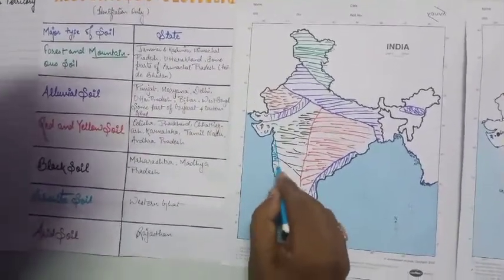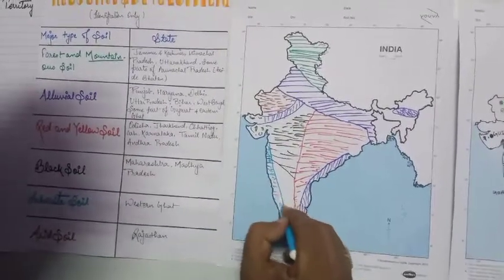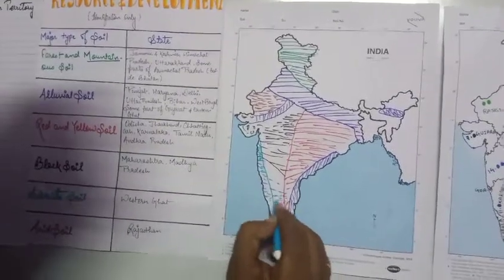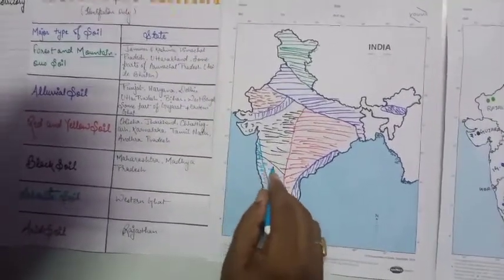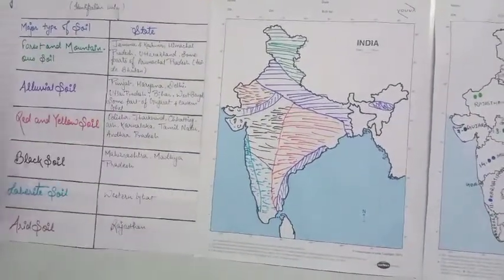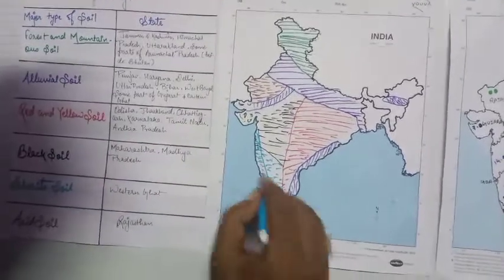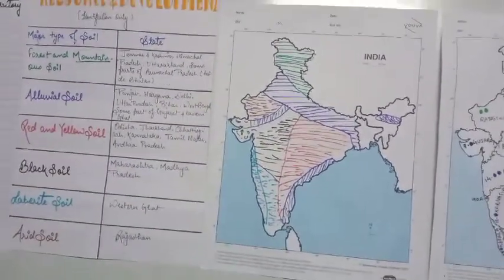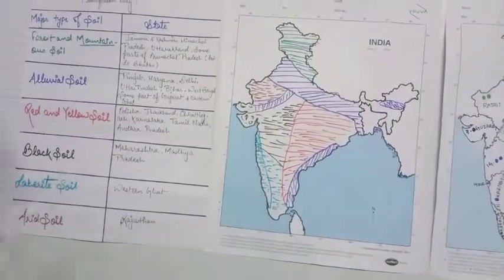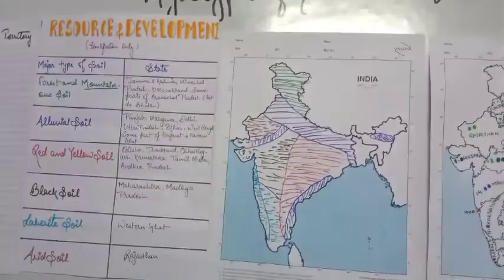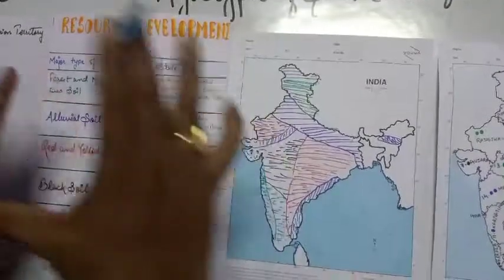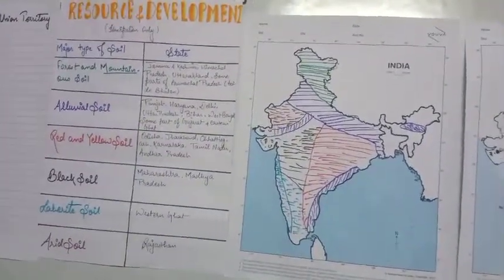That is the laterite soil. And in the Karnataka also, that is the huge amount of waters are available, and due to that these areas also contains laterite soil. And in this way, here I have not shown the patches. Okay, in your book you will find some patches, but I have not shown the patches. Only just I have shown the different areas where the huge amount of different soils are present.